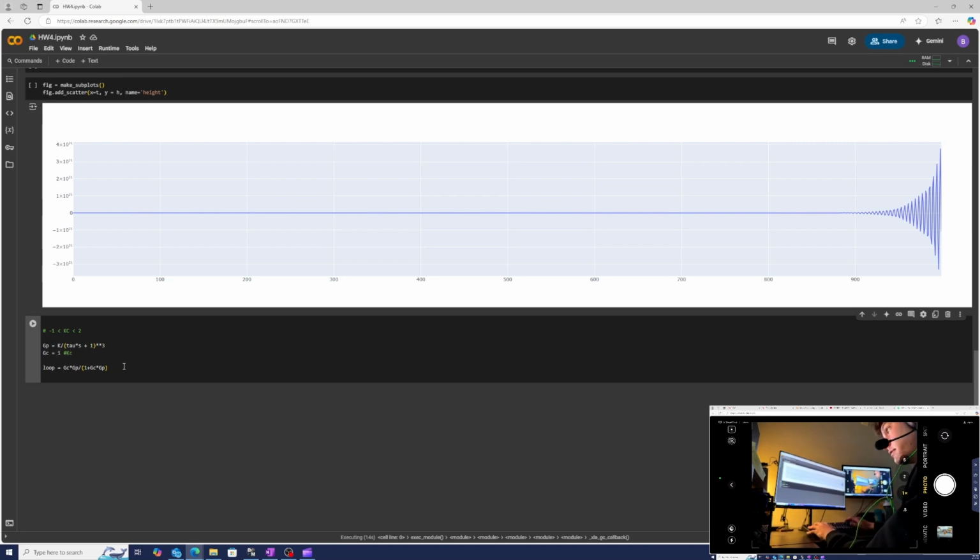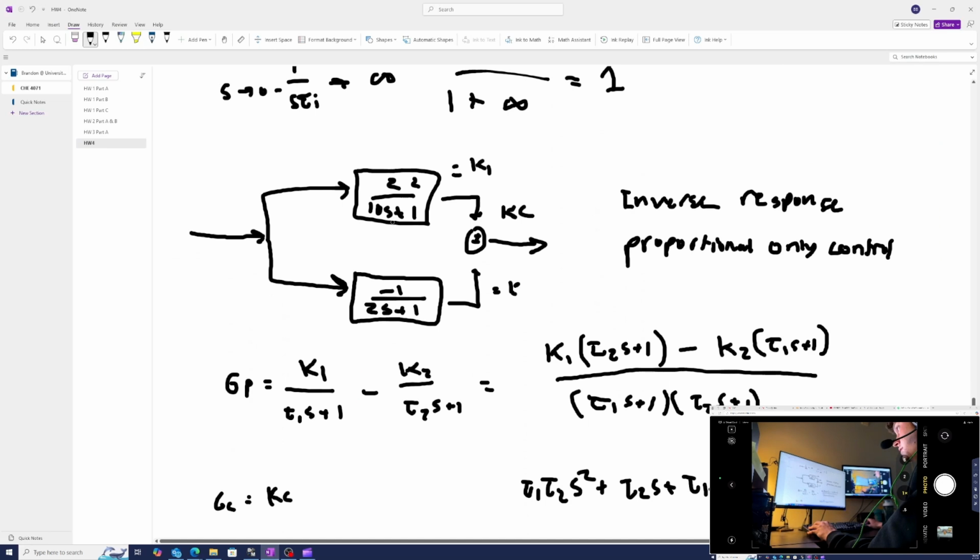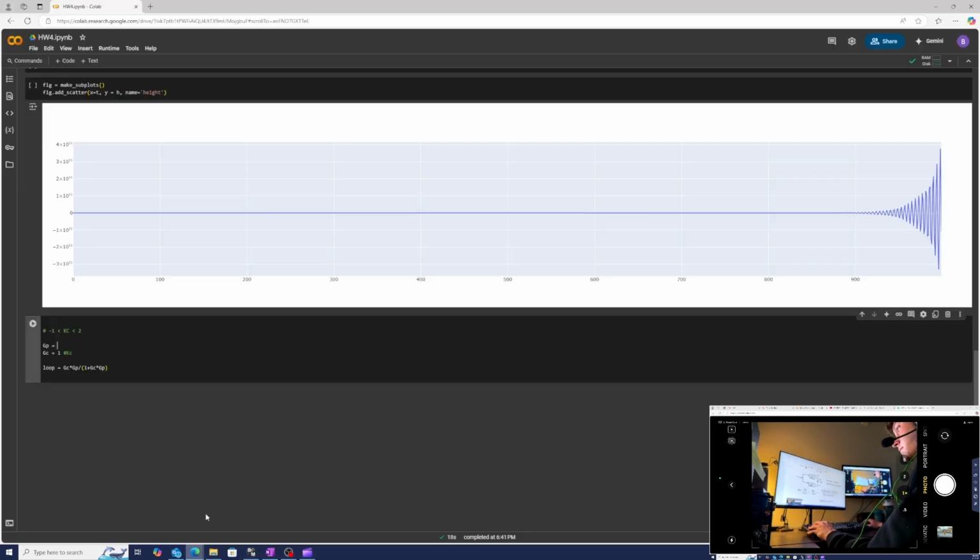We'll start at a value that's within our range, so 1, and we know our GP in this case is going to be, we can check our process, 2 divided by 10s plus 1 minus 1 divided by 2s plus 1.